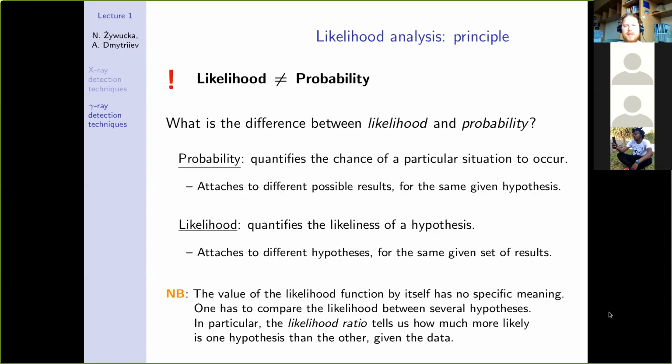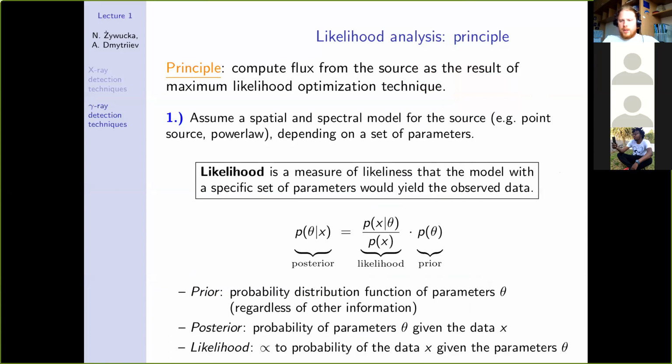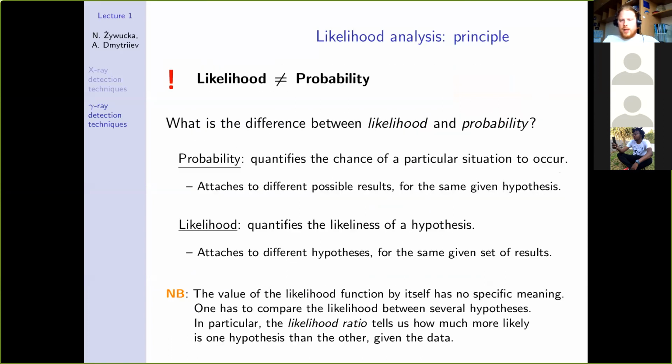It's not exactly probability, because, for instance, it doesn't obey the law of integrating or summing up to 1. The sum of probabilities over a specific range will be equal to 1, but for likelihood this doesn't hold. So you won't have a sum of 1, and it's only proportional to probability, as I said: proportional to the probability of the measured data given the parameters of the model.